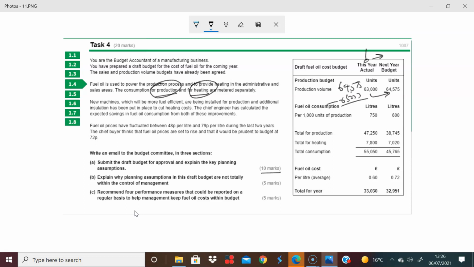So what we see here when you do this is 1,575, and so the 1,575 divided by 63,000.